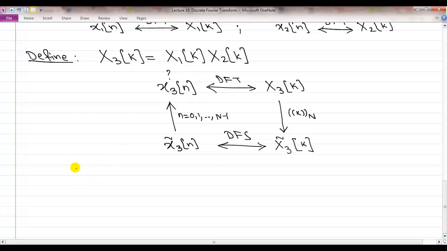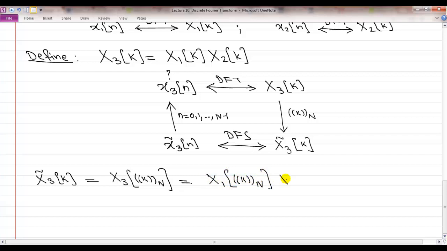So let's follow this plan. We start with x3 of k and we construct x3 tilde of k. So x3 tilde of k is simply the periodic repetition of x3 of k, which is simply the periodic repetition of x1 of k times x2 of k. Now each one of these is just the discrete Fourier series associated with the x1 sequence and the x2 sequence.